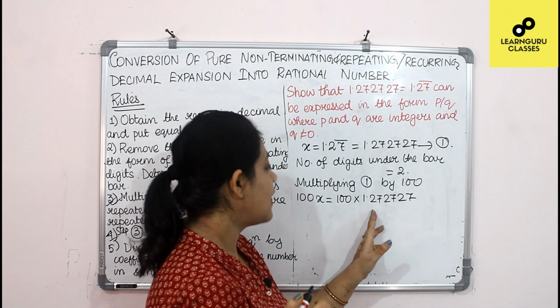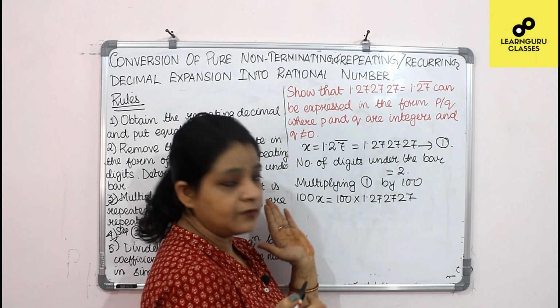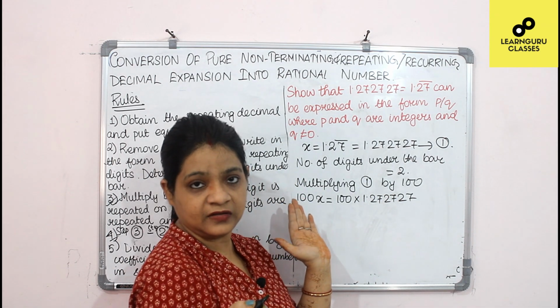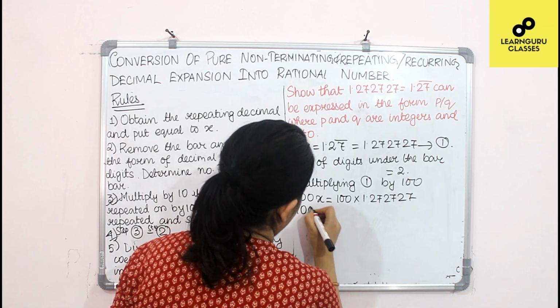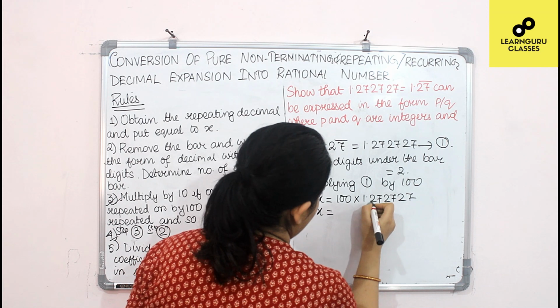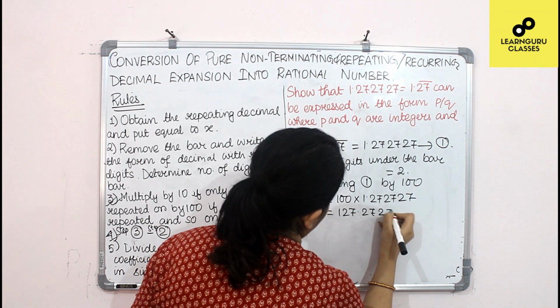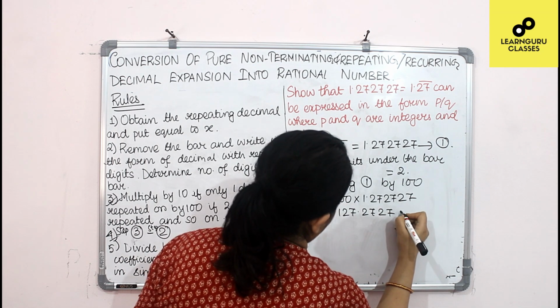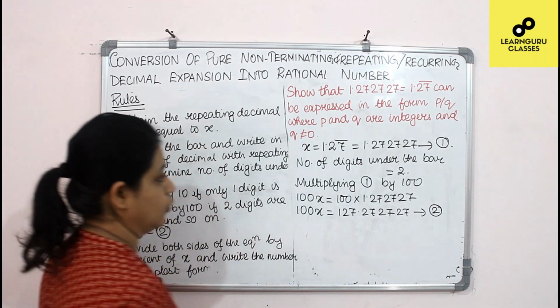So here what will happen? This 27 will be shifted before the decimal, isn't it? So we will be getting 100x equal to 127.272727. Give this as equation 2.